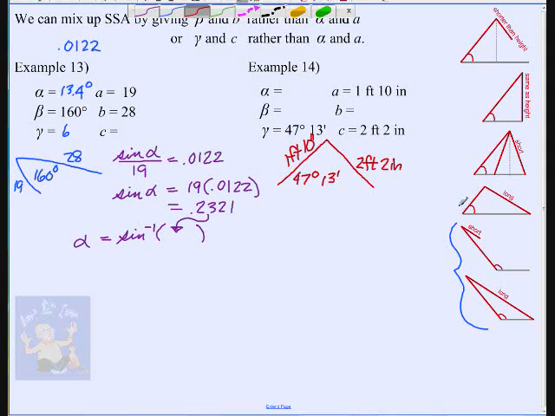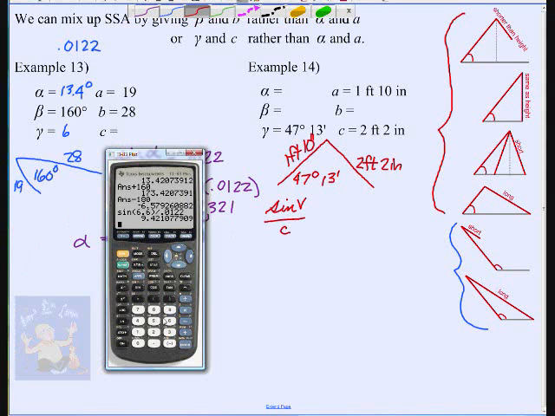Well, that means that the situation we are in, we've got an acute angle. We're in this situation here, where this is certainly longer than the height, and it is longer than the adjacent side.